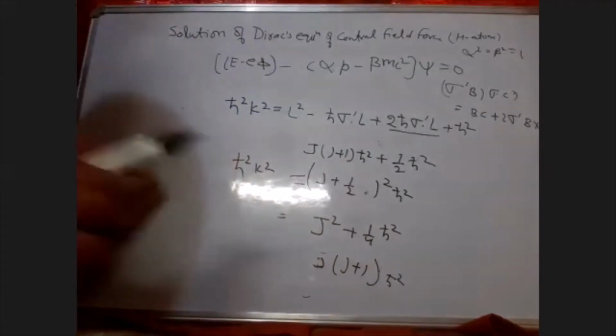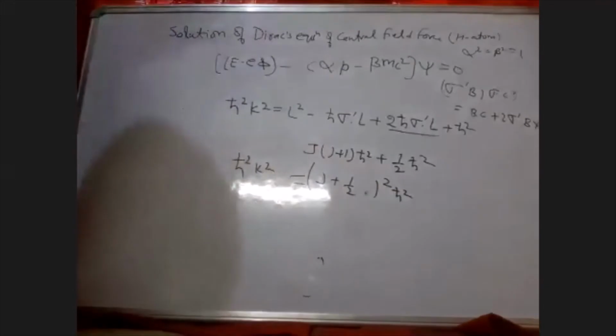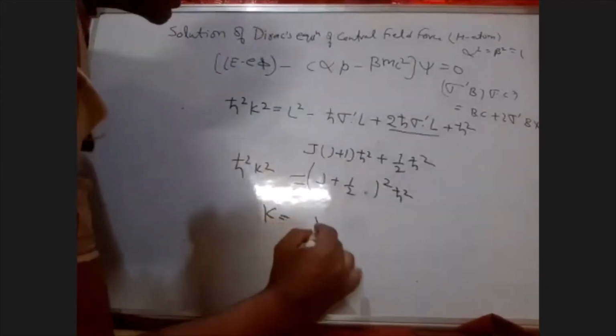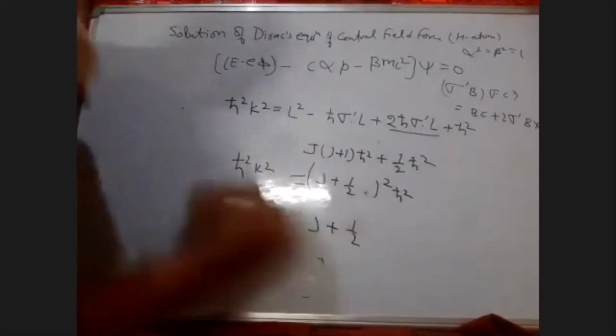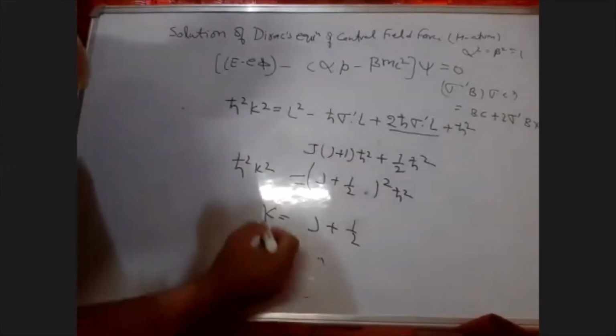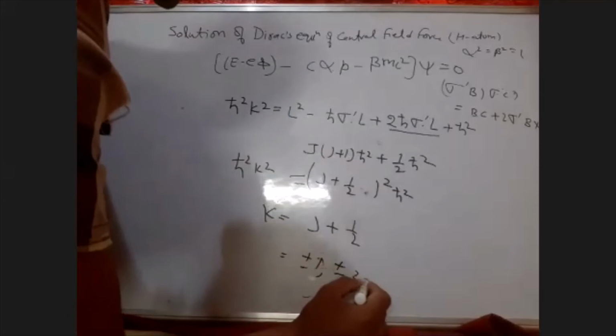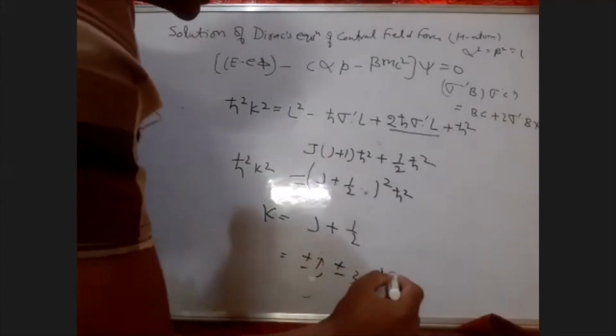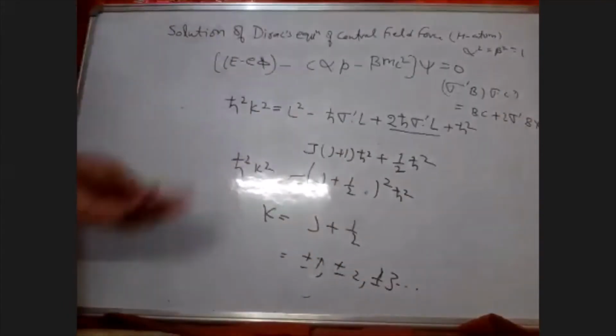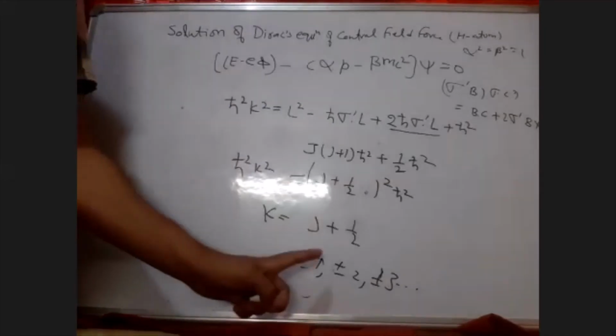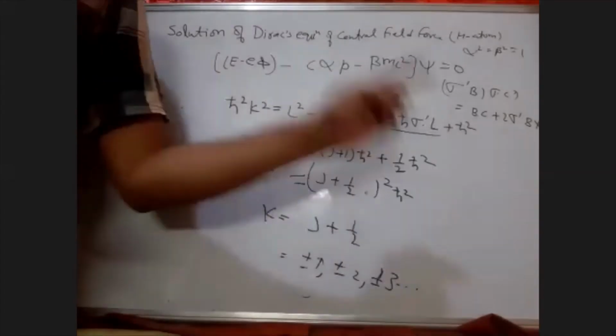Or the eigenvalues of k is j plus half. So the value of k will be plus minus 1, plus minus 2, plus minus 3 and so on. So eigenvalues of k is plus minus 1, plus minus 2, plus minus 3 and so on.